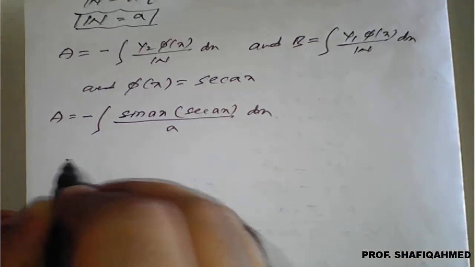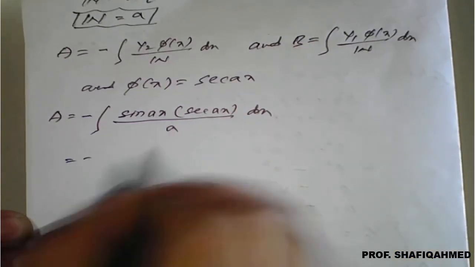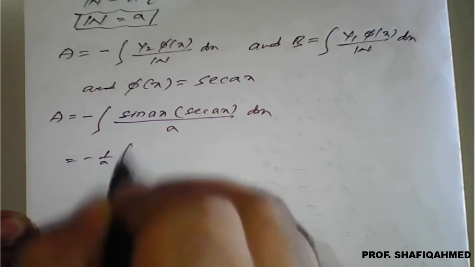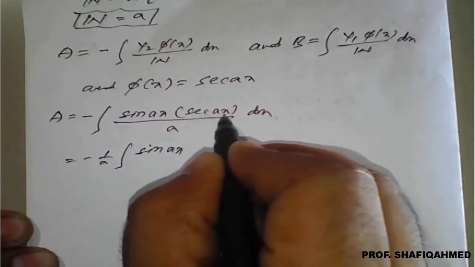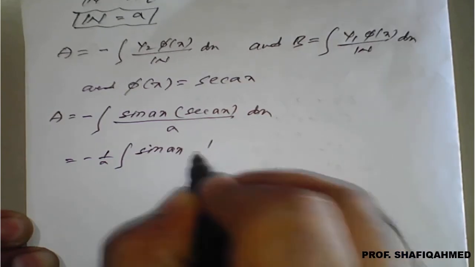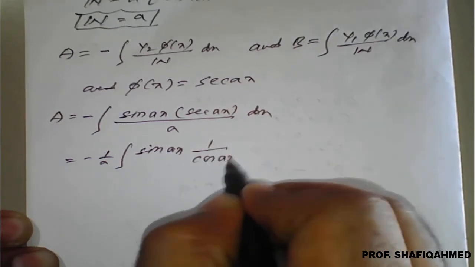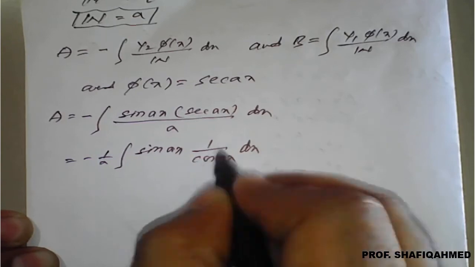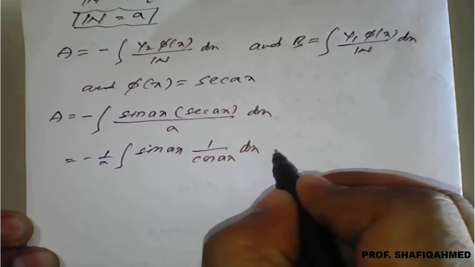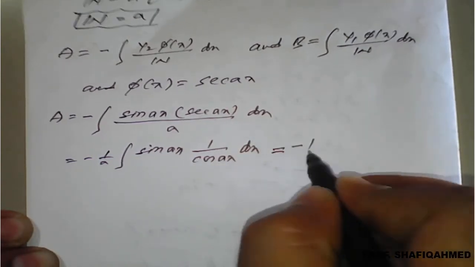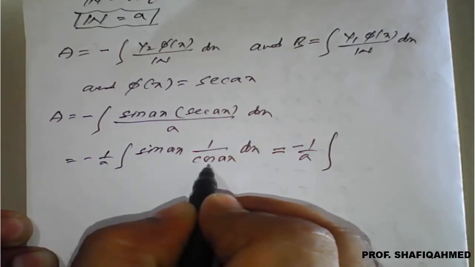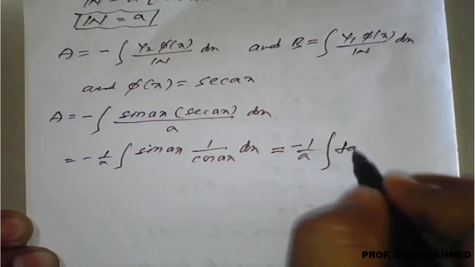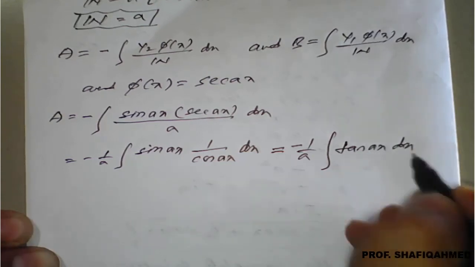On simplification, minus 1 upon a, a constant, I will keep outside, integration of sine ax times secant ax, which can be written as 1 upon cos of ax, into dx. So this is minus 1 by a integration of sine ax divided by cos ax, which is tan ax, into dx.